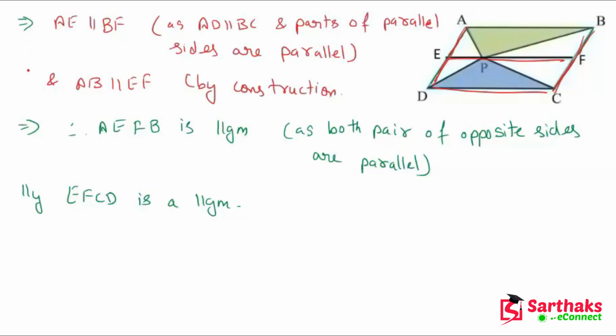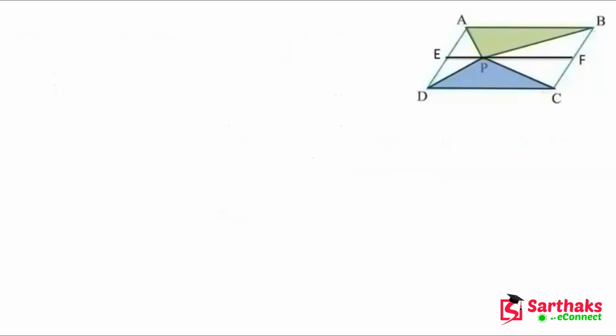So now here, in triangle APB and parallelogram EFBA, we know that these two figures are on the same base and between the same parallel lines.